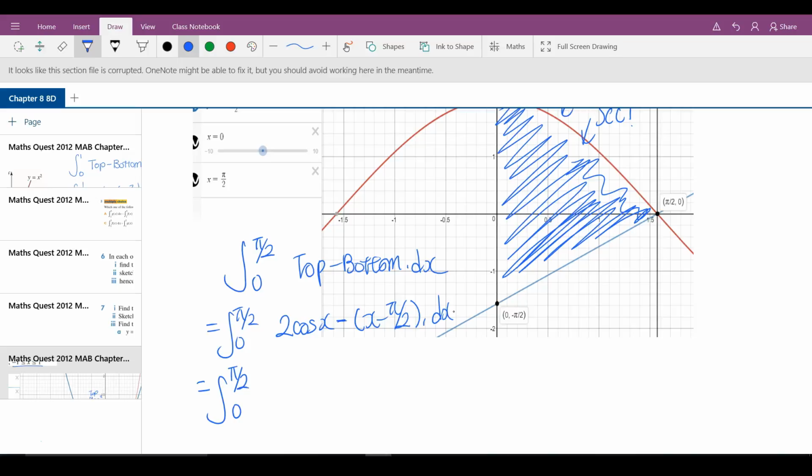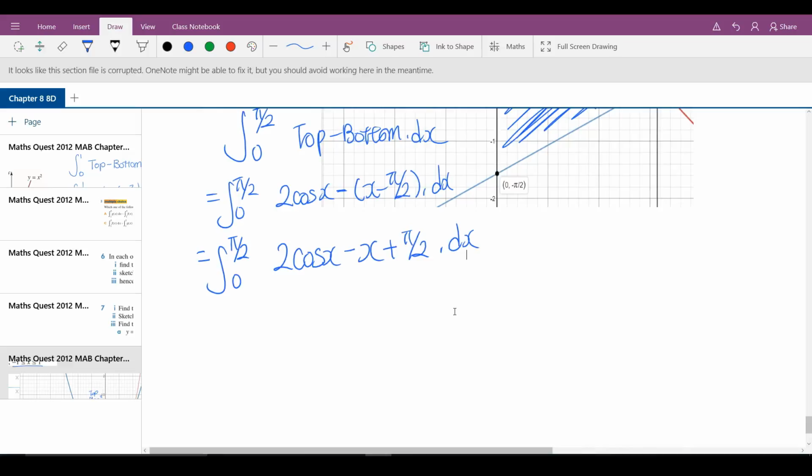You always write the minus the bottom function in brackets, because even if it's just one term, the negative will always alter things in the bottom functions. So it's 2 cos x minus x plus pi over 2, integrate with respect to x.